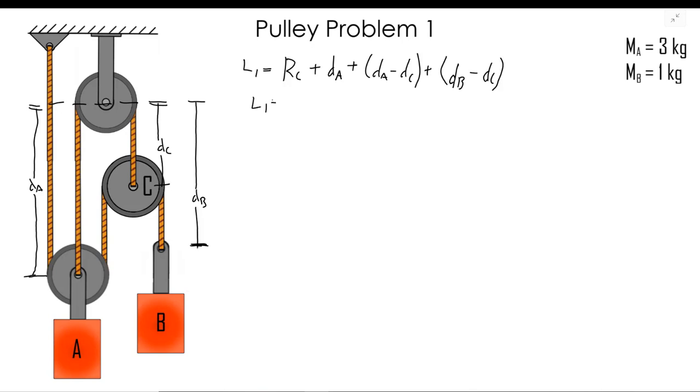We get L1 equals RC plus, so we have 2dA, and then we are going to have 1 dB, and then we're going to have minus 2 dC.